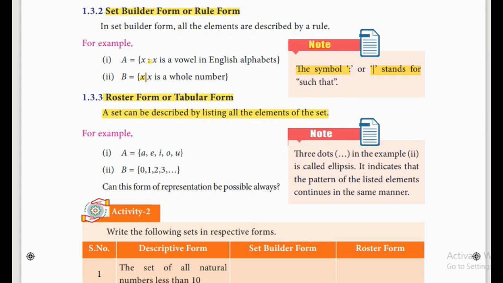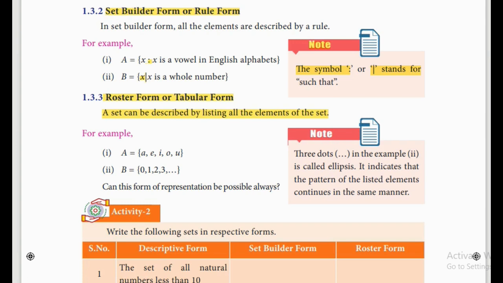The previous one is rule form, that's a standard form. This is the casual form. In this roster form or tabular form, we give importance to each and every element. Look at that. A equal to set of all the elements. Elements are A, E, I, O, U. That means vowels.